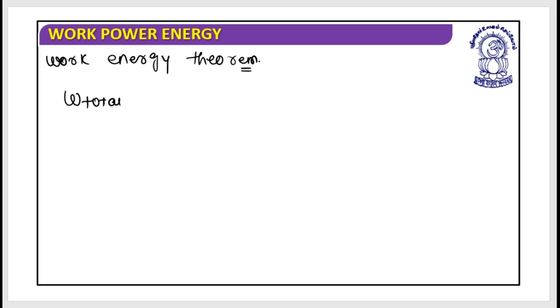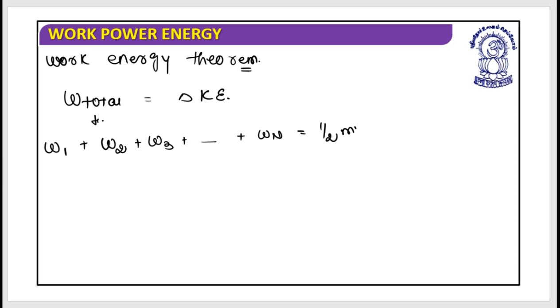total work done is equal to the change in kinetic energy. When I say total work done, as we have already discussed, I need to consider the work done due to the first force plus the work done due to the second force plus the work done due to the third force, up to the work done due to the nth force. That is equal to the change in kinetic energy, that means half mv square minus half mu square.